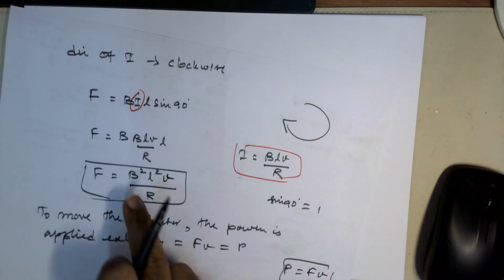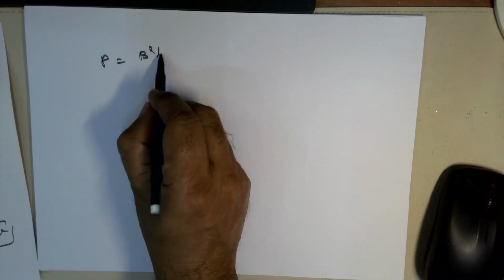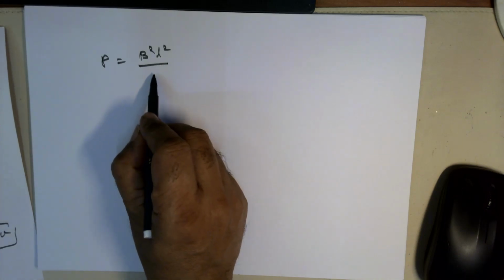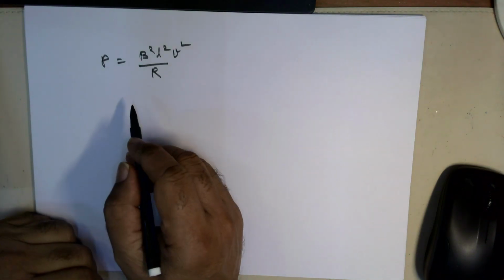What is the value of F? B squared L squared V divided by R into V means V into V squared. Are you able to follow now? So P is equal to what here? B squared into L squared into V squared by R.